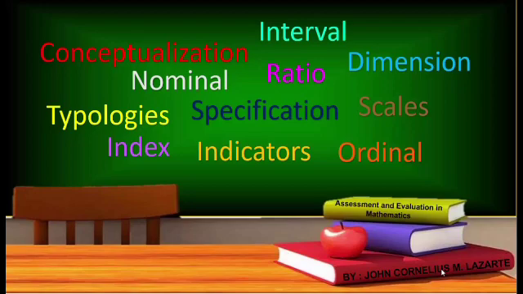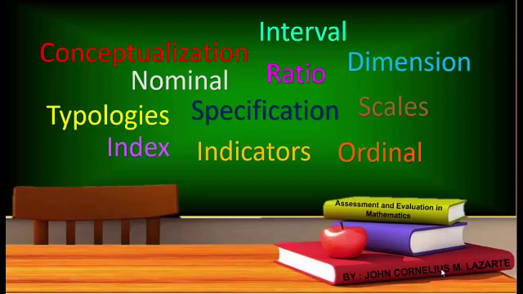Under the first one, for the data analysis column, we have conceptualization. We also have indicators, dimension, and specification. For the levels of measurement, we have nominal, ordinal, interval, and ratio.